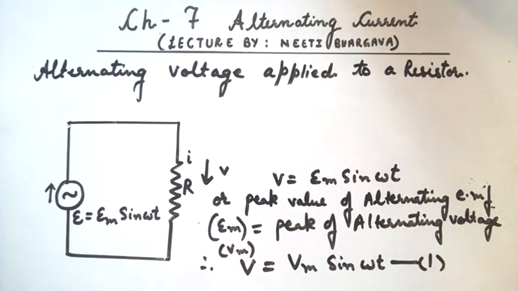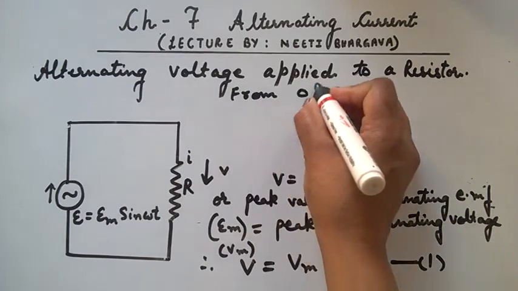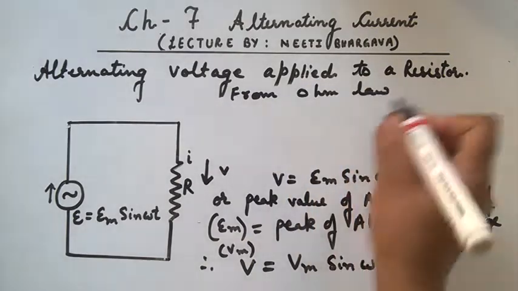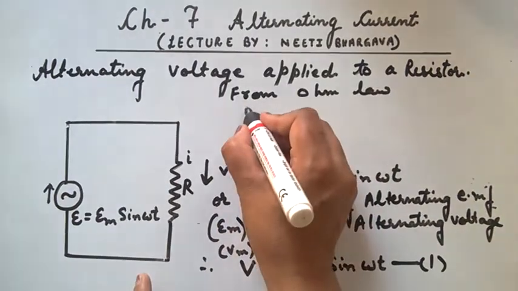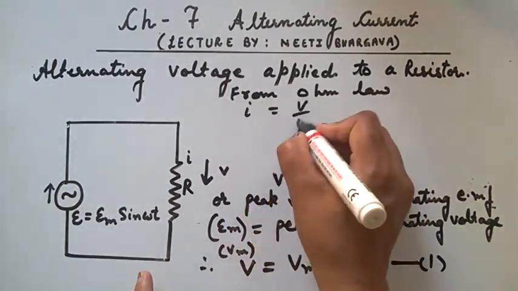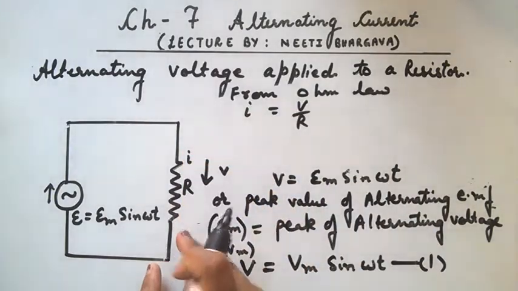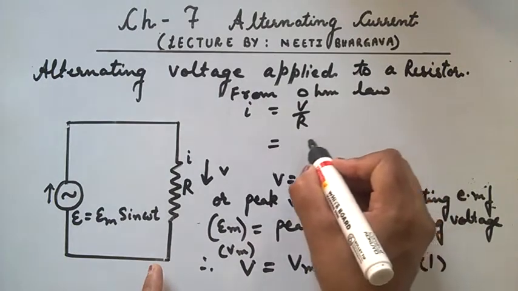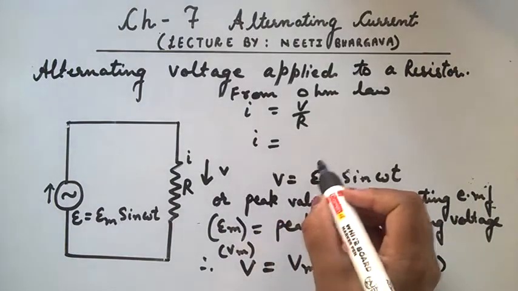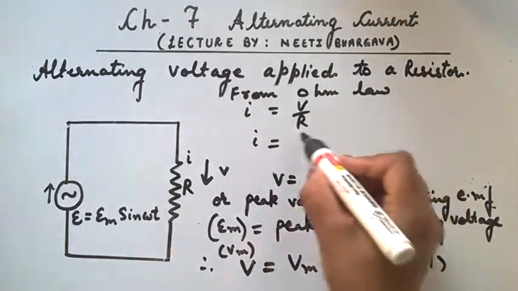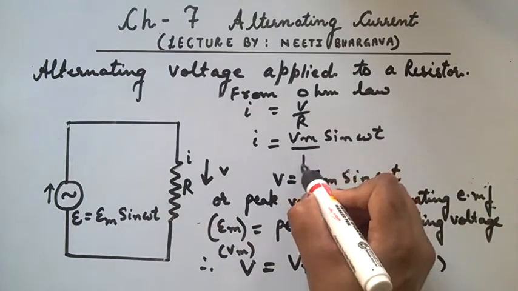So from Ohm's law, when current i is passing at an instant, i is equal to v by R, the voltage at that instant across this resistor. From equation number 1, we can substitute the value of v, so the instantaneous current is equal to Vm sine omega t by R.